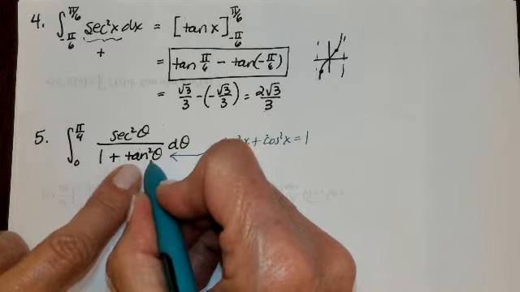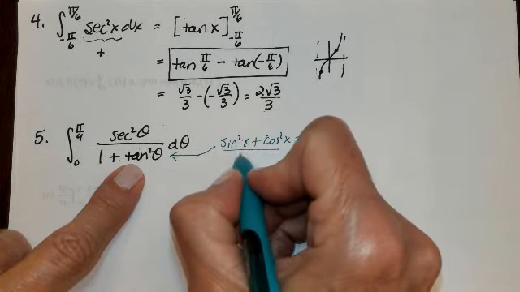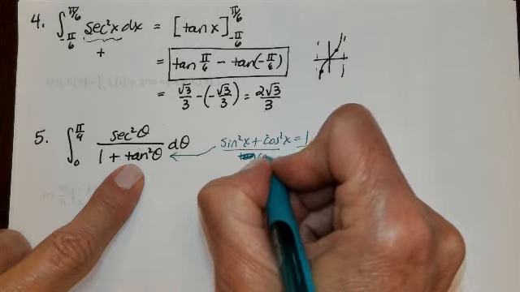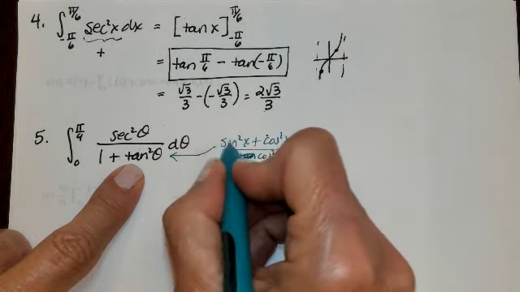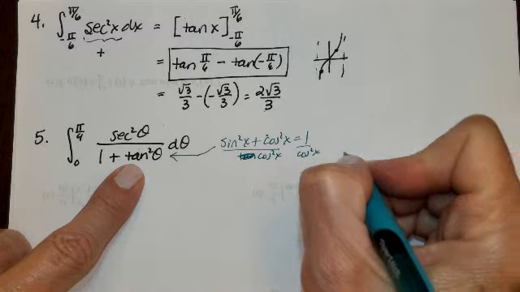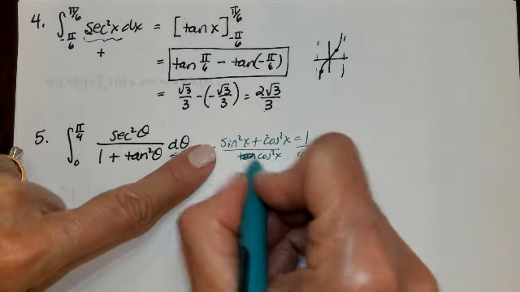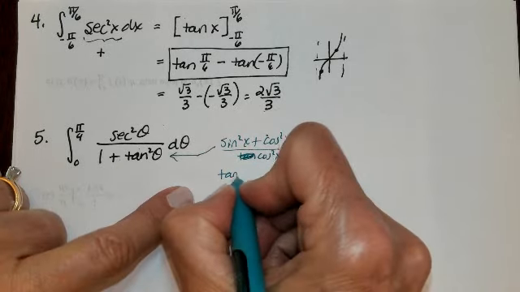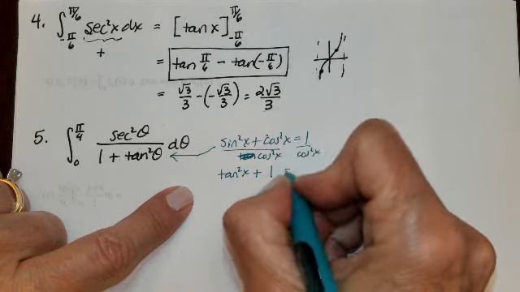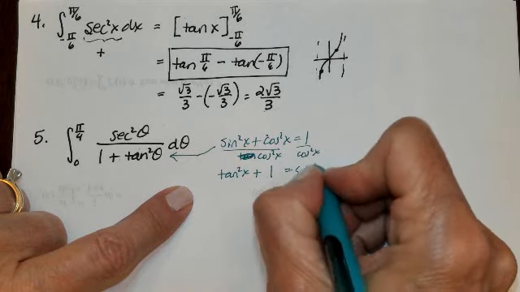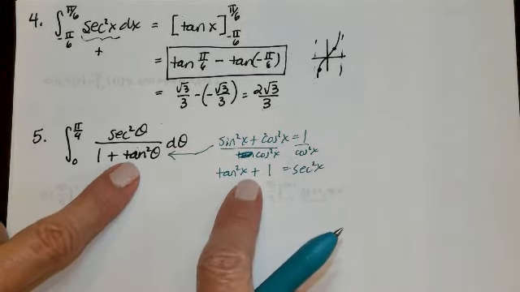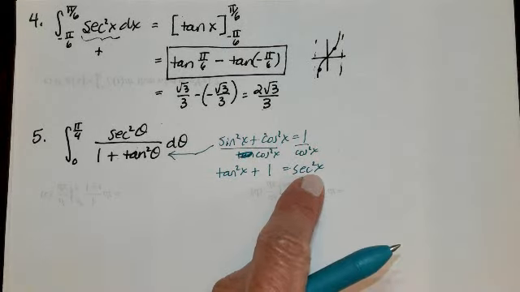If we want tangent squared, I'm going to divide both sides by cosine squared, and that will give me sine over cosine or tangent squared. So this would be sine squared over cosine squared is tangent squared. Cosine squared over cosine squared is 1. 1 over cosine squared is secant squared. Okay? So this denominator is the same as secant squared theta.